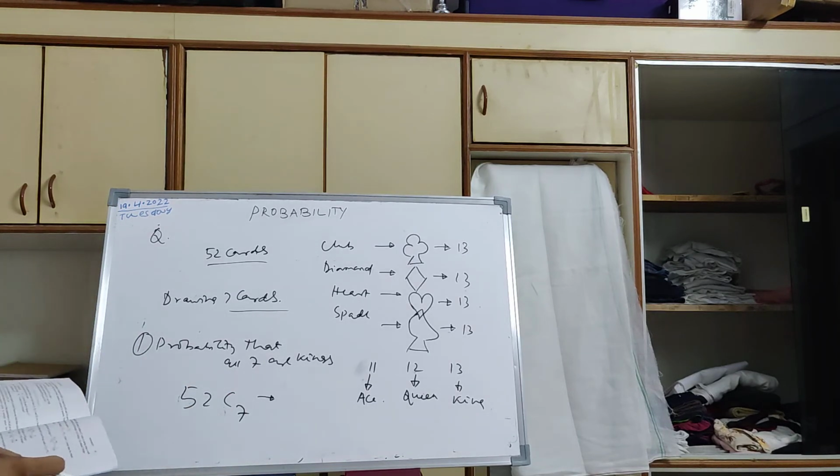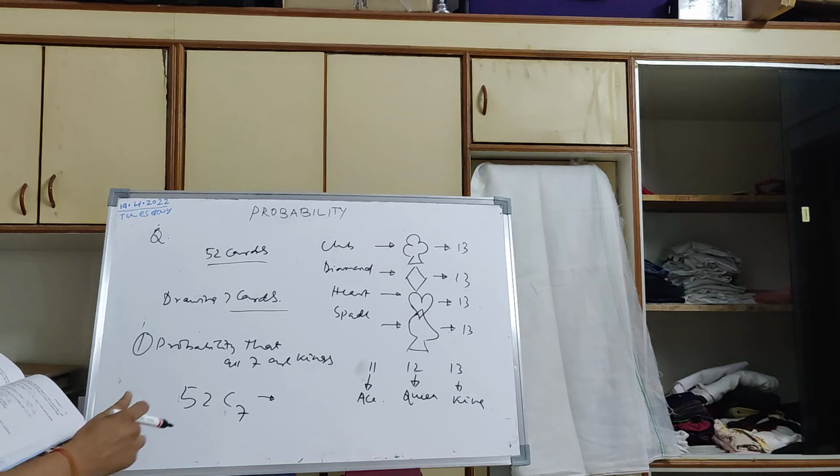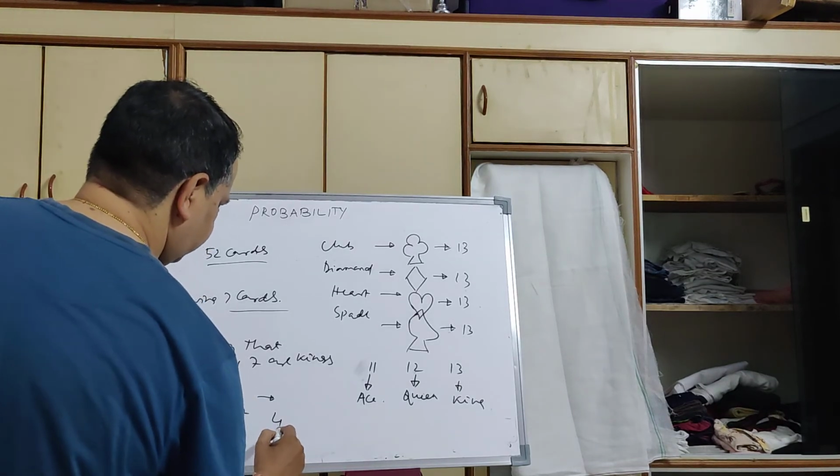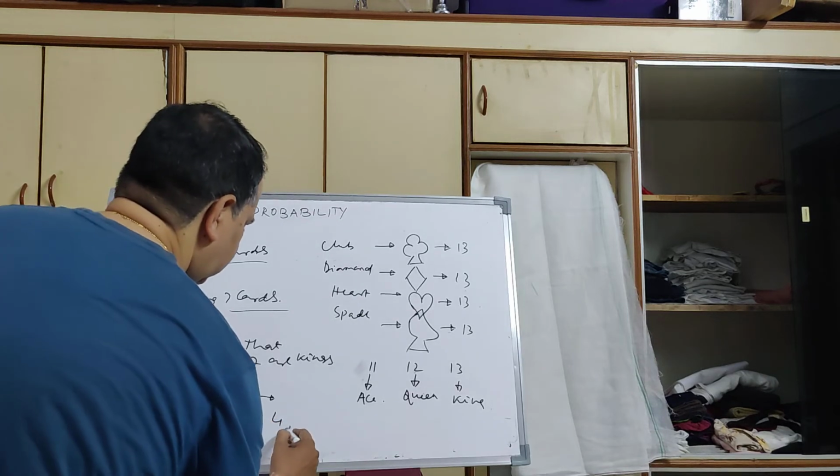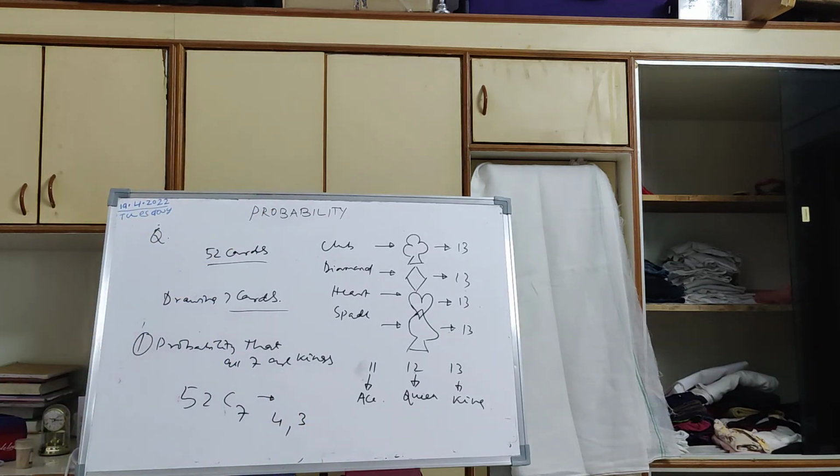Now probability of all 7 are kings. There are only 4 kings. So that means probability of 4 kings and the rest 3 are something else.